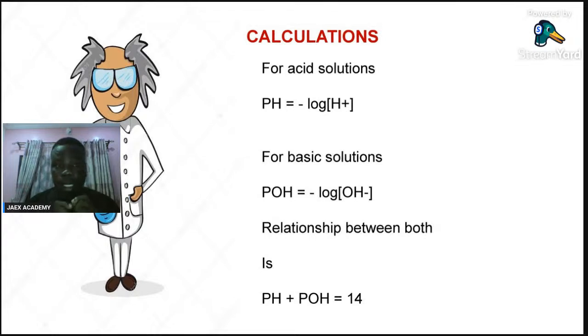Bear in mind that when calculating in an acid solution, the formula we are going to apply is pH equals minus log H plus. I repeat: when we want to calculate for an acid solution, the formula is pH equals negative log.